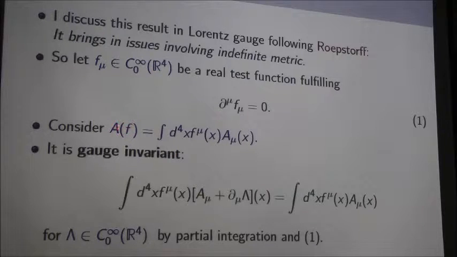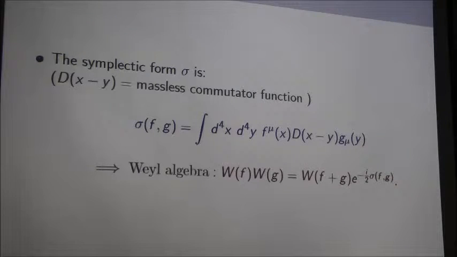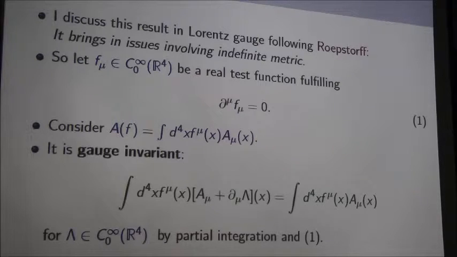Then I can construct this A by smearing this A given operator with F. So I am using this operator, local operators, as a trick to find out the Weyl algebra, and then the expressions I wrote down were in space-time. Yeah, I am writing the whole thing in space-time to get a more covariant way of writing things.